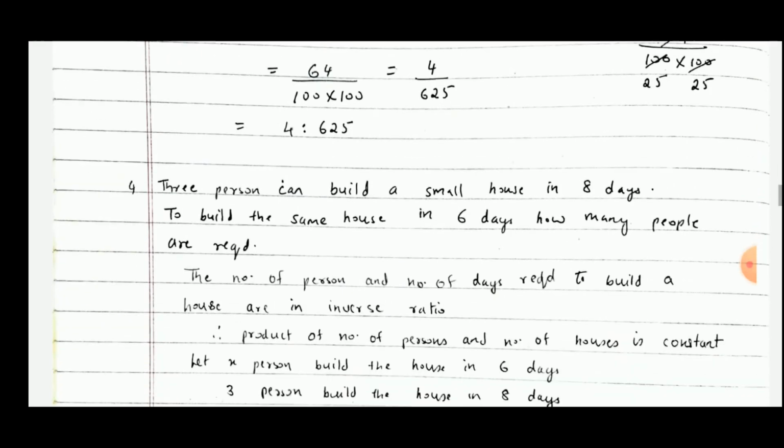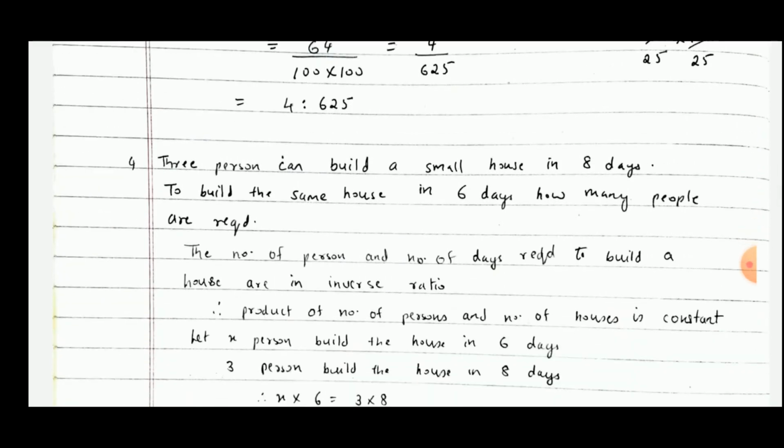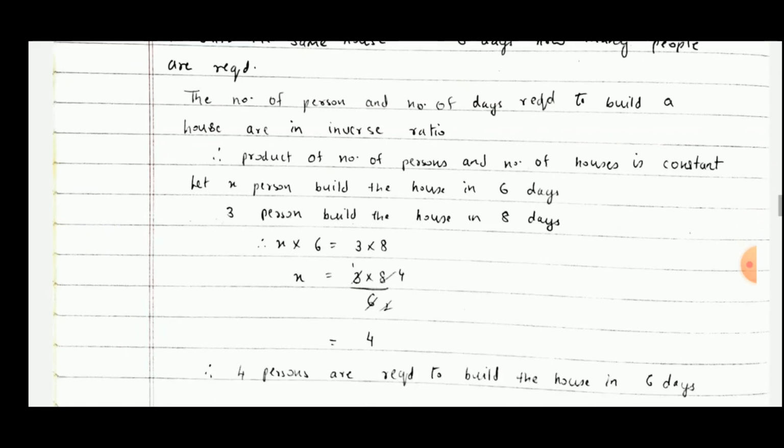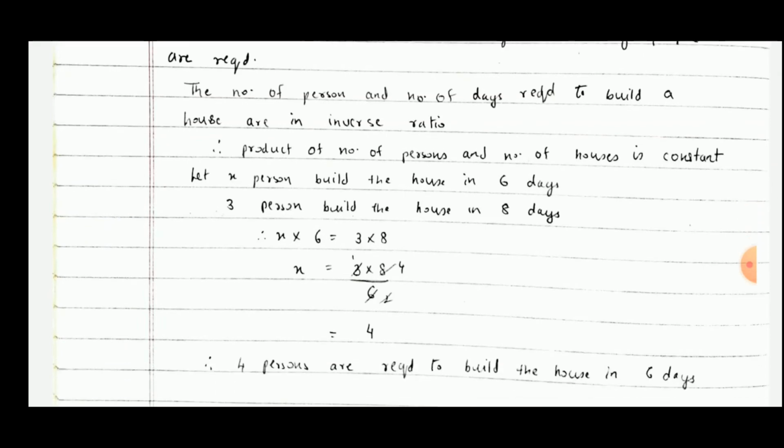Now, 3 persons can build a small house in 8 days. To build the same house in 6 days, how many people are required? The number of persons and the number of days required to build a house are in inverse ratio, so the product of the number of persons and the number of days is constant.